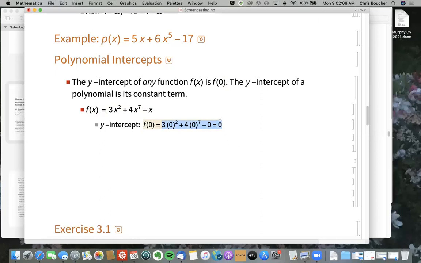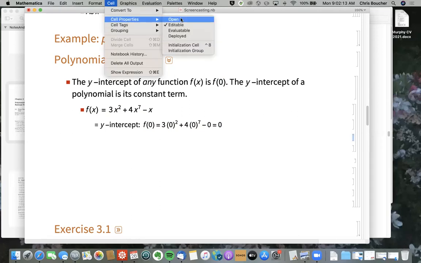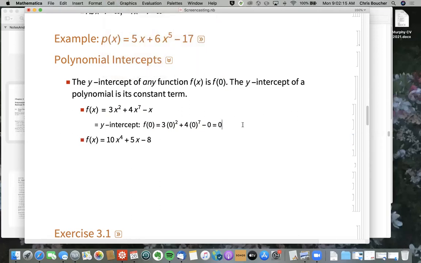So the y-intercept here is 0. More precisely, the y-intercept is the point (0, 0). So let's just add that here. Point (0, 0). I mean, if you're talking about a y-intercept, then automatically the x value is 0, but it's a little more precise to give both coordinates of the point.